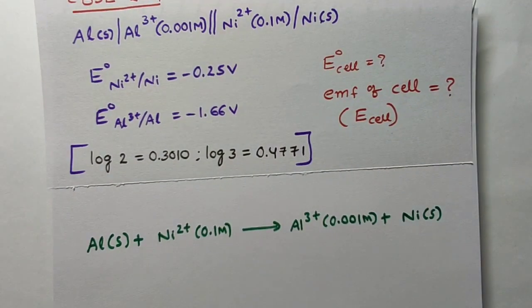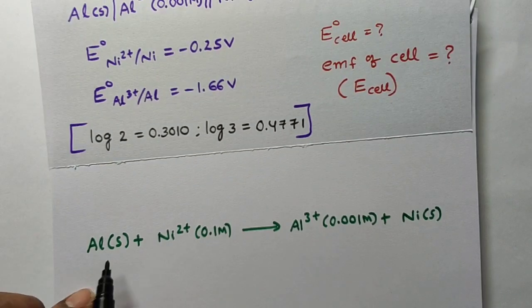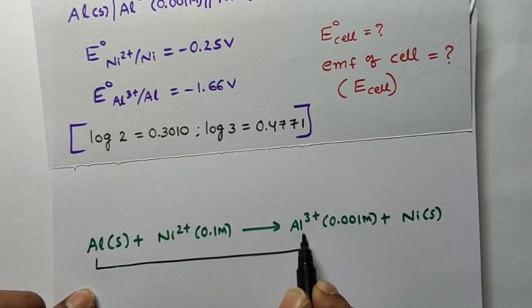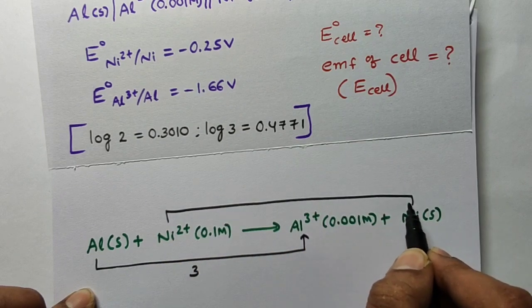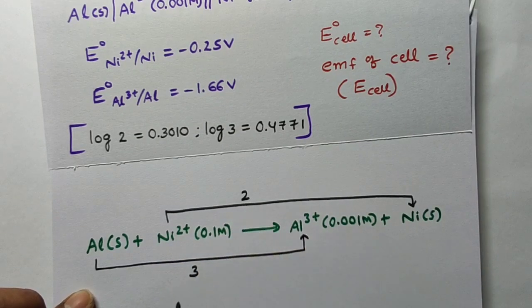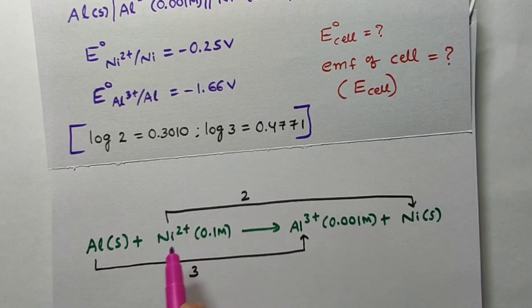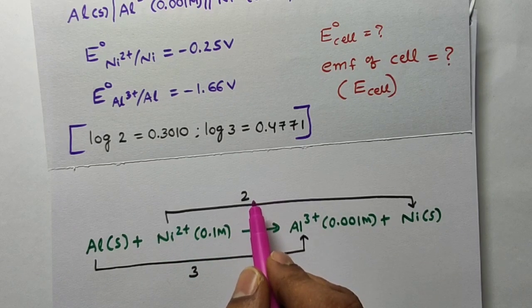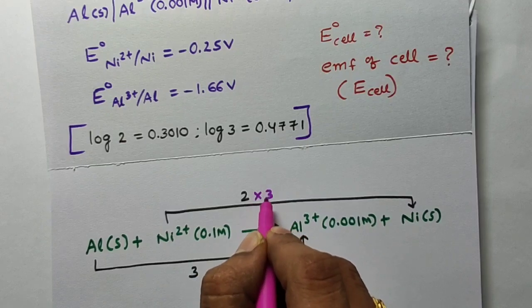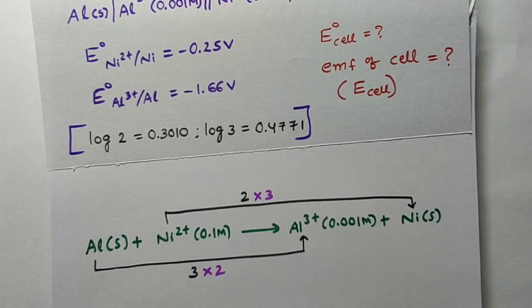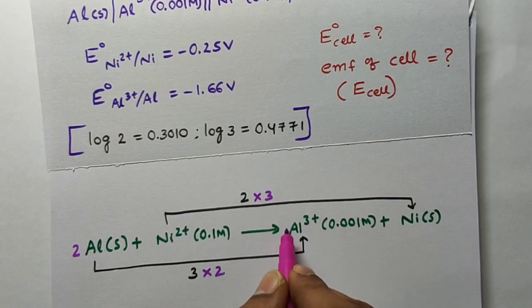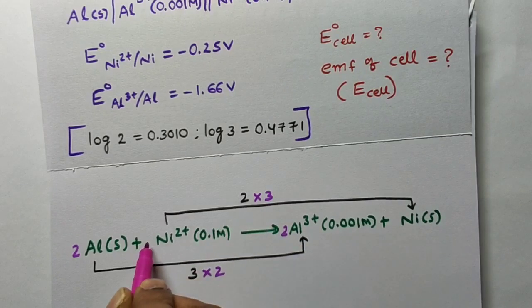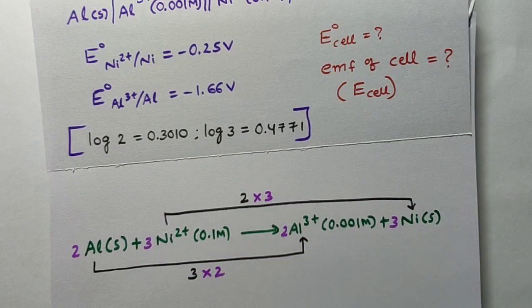One more important thing: Al converting into Al3+ loses 3 electrons, and Ni2+ converting into Ni gains 2 electrons. Remember, electrons lost should always equal electrons gained, so multiply by 3 and by 2. Now both become 6, so 6 electrons are involved in the reaction, and the coefficients become 2 and 3.